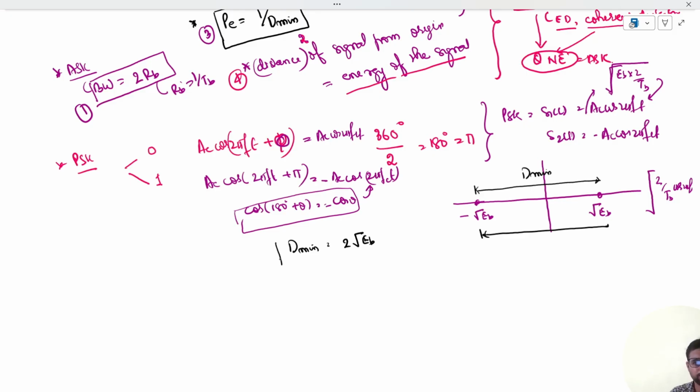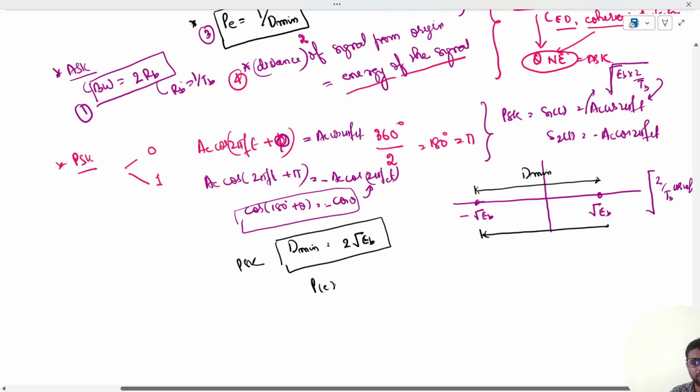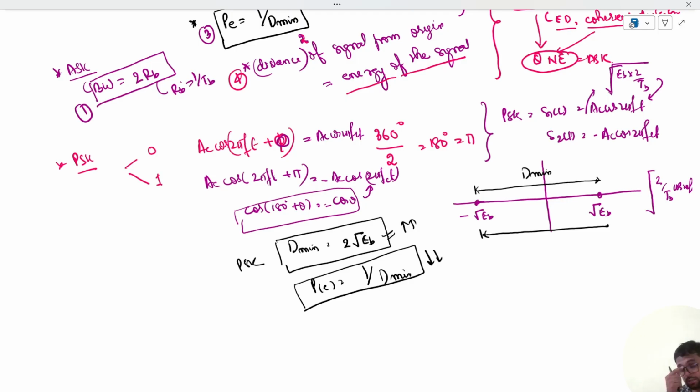So this is D minimum in case of PSK. And probability of error will be equal to 1 upon D minimum. That means the larger the D minimum, the lower the probability of error, the lower the error. It is obvious that if two signals are wider apart, then their chances of error are less.